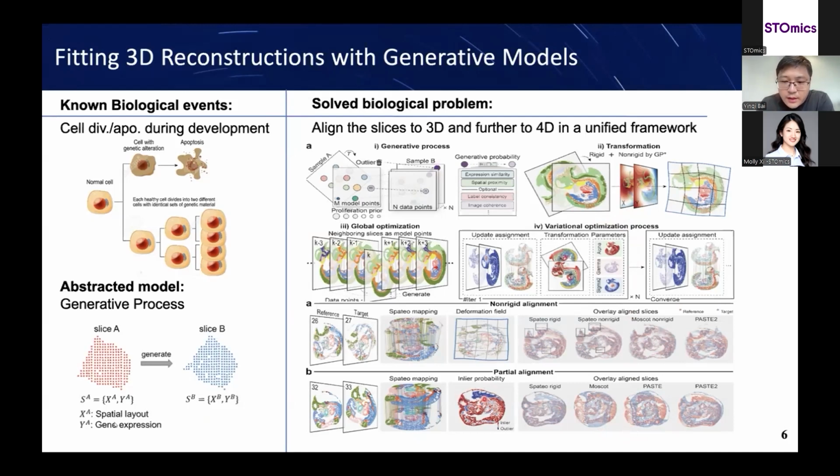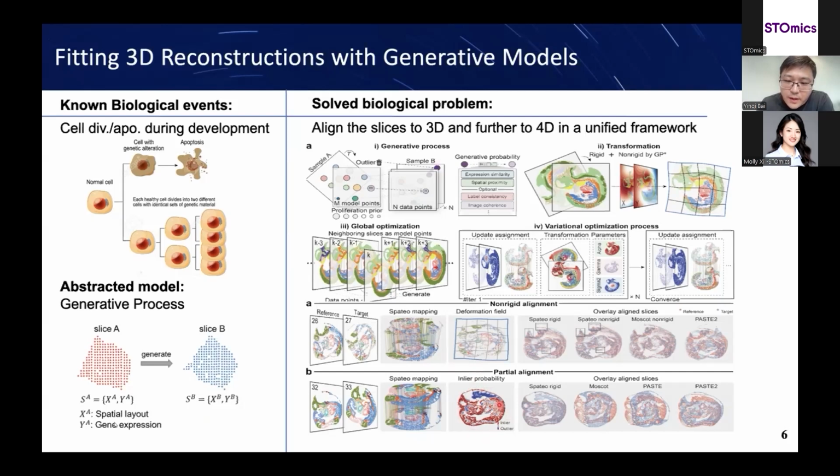However, we just consider cell apoptosis, so the neural tube itself can be generated with different cell numbers, and the topology, the shape of the neural tube, can be quite different.